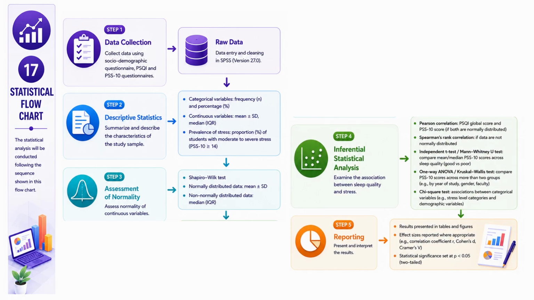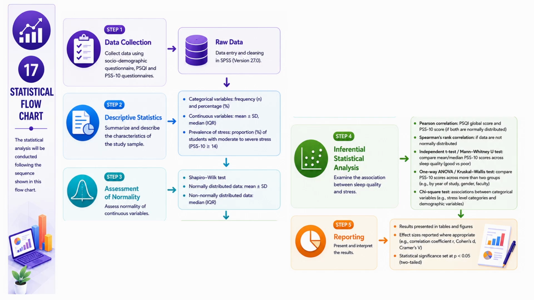Step 4 will be inferential statistical analysis. So what statistical analysis will be used? Pearson correlation will be used if both stress score and sleep quality index are normally distributed. Spearman's correlation will be used if data is not normally distributed.